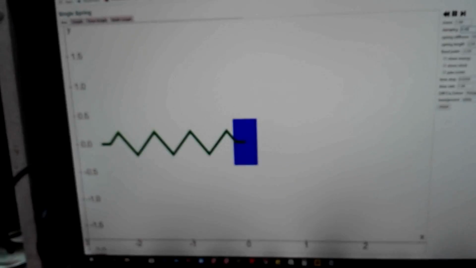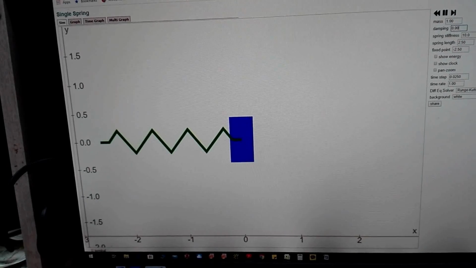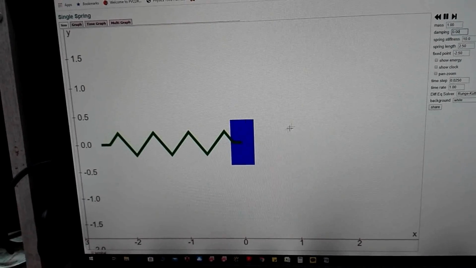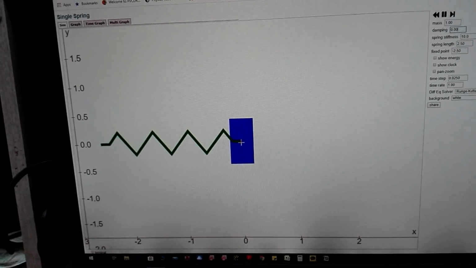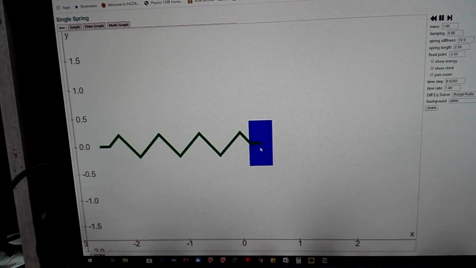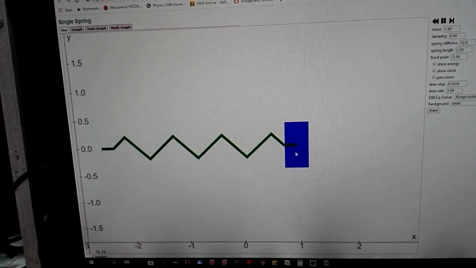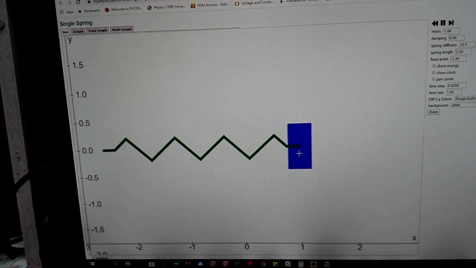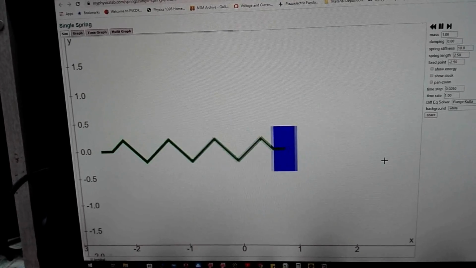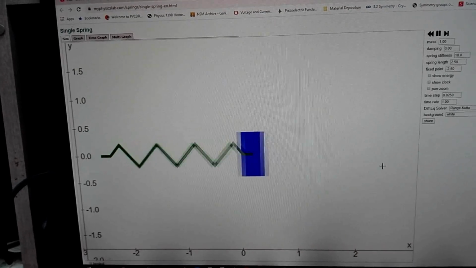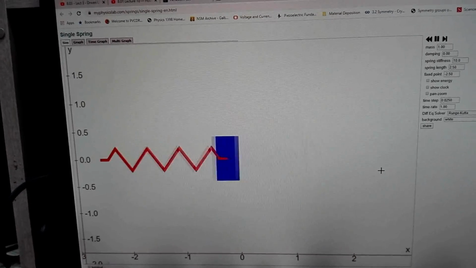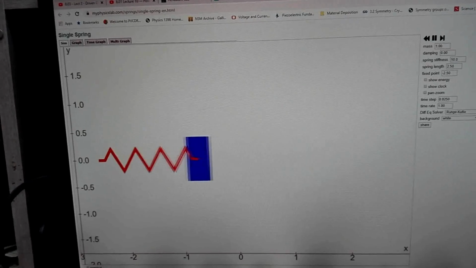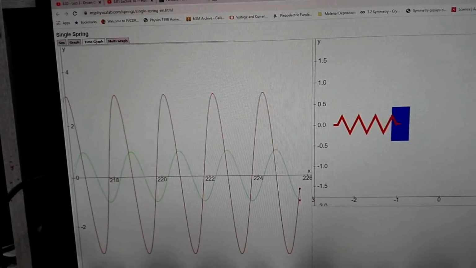So I will show you here, like this is the spring, and as its damping is 0, if we drag it from 0 to 1 and then leave it, you see it will oscillate. So it is oscillating around 0.